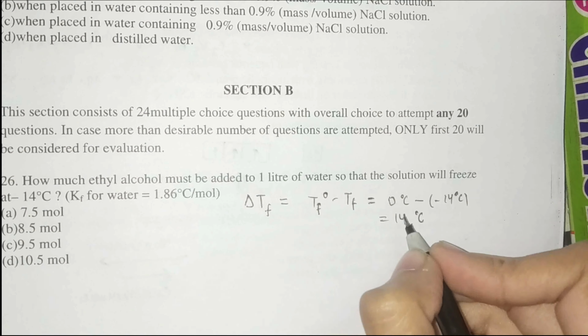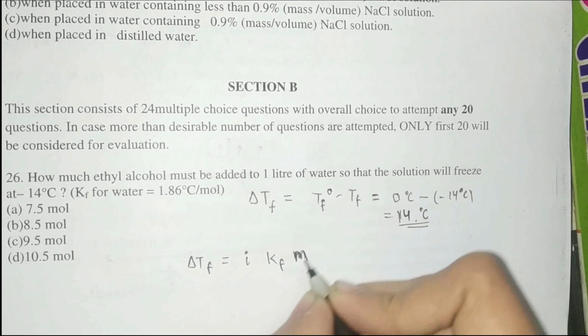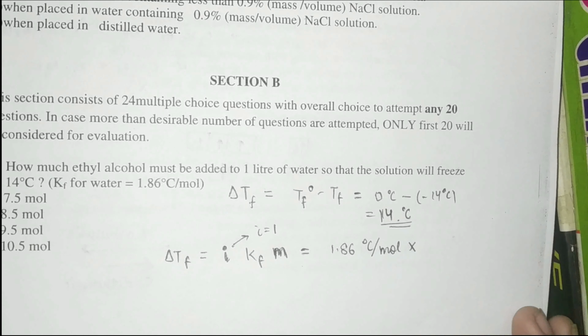The formula for delta TF, that is the depression in freezing point, is i Kf m, where m is molality. Now this i is 1 because it's an organic compound, and for organic compounds it is 1. Now Kf for water is given as 1.86 degree Celsius per molal, multiplied by molality.